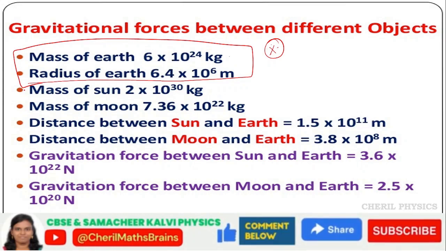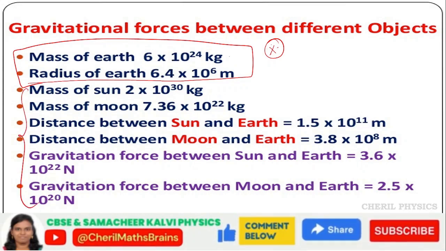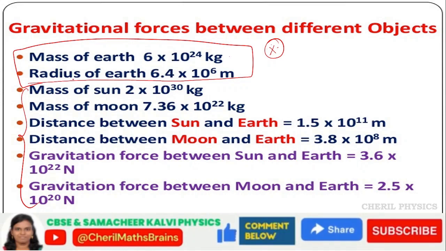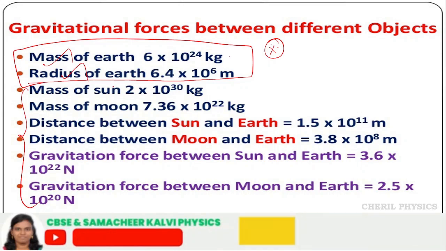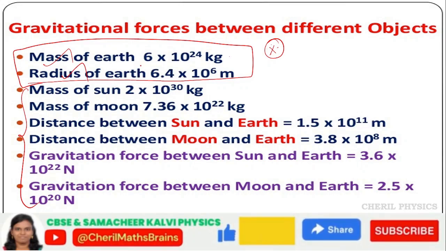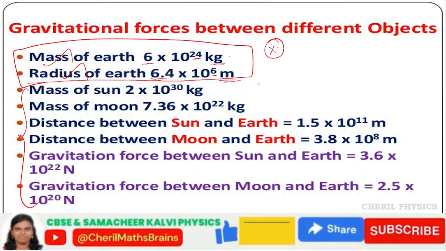The other values you need not memorize; they will be given when you have questions related to them. But you need to remember the mass of the earth and the radius of the earth. It's very easy, children. Both places you have 6. Here you have 24, here you have 6. Remember mass should always be bigger than the radius. In that way you can remember, and remember it along with the unit also.